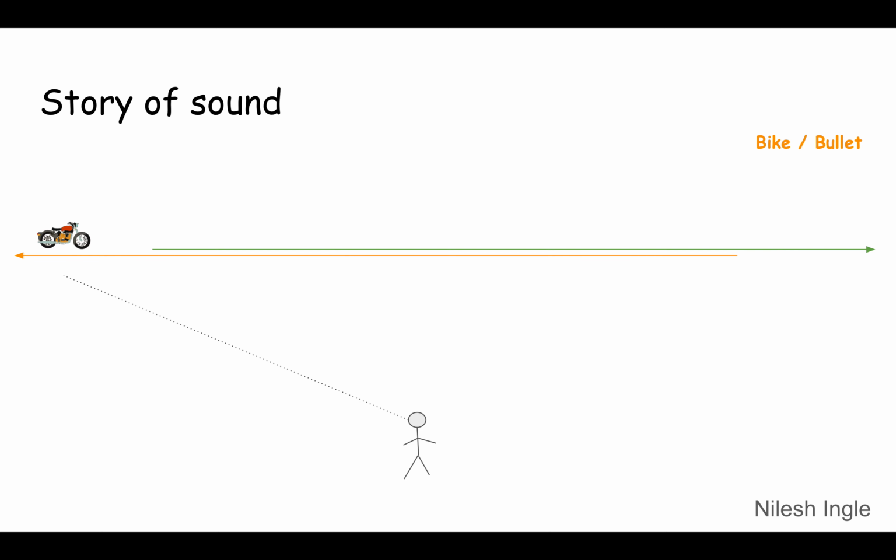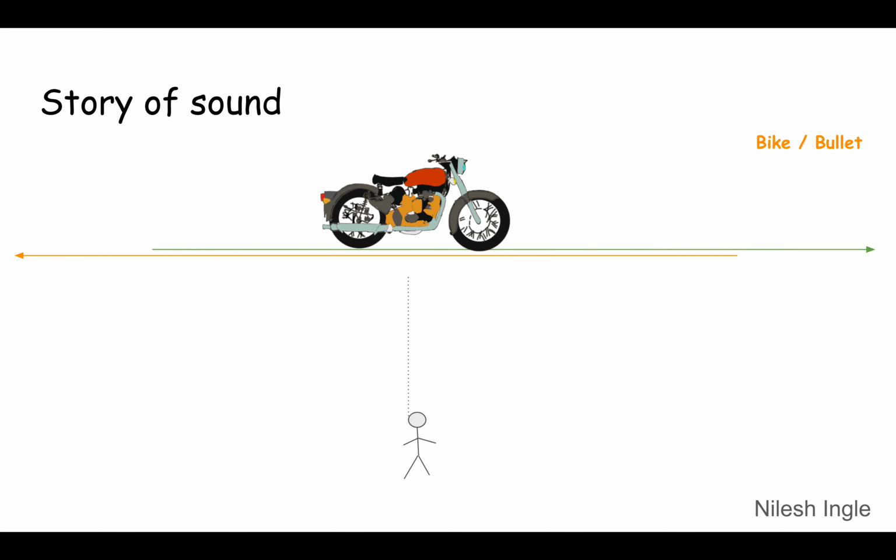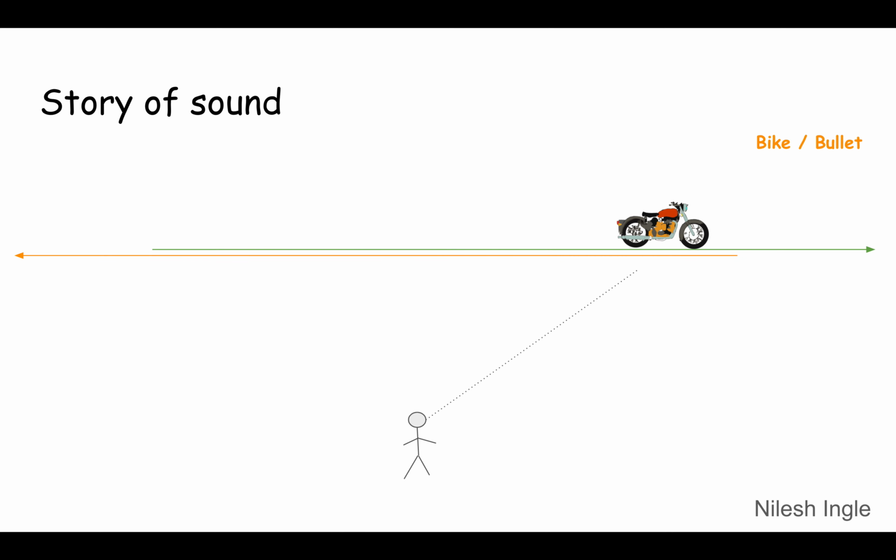So for this particular project, what I've done is looked at the noise of vehicles that are passing in front of me. So let's say I'm an observer sitting right here, and there is a bike that's coming in from the left. As it comes closer to me, the sound increases in volume, and then as it goes by, the sound would decrease.